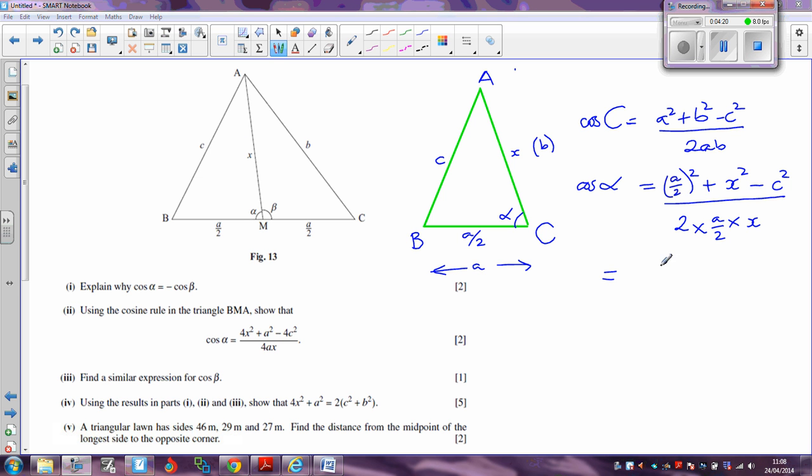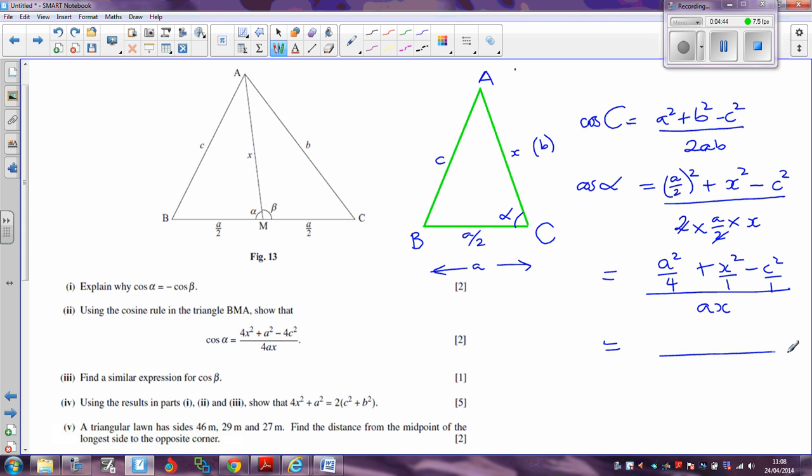Okay, if we carry on simplifying, this becomes a squared over 4, so you square the top and the bottom, plus x squared minus c squared. On the bottom the 2's cancel, so we're left with ax. To simplify, I'm going to add the fractions at the top, thinking of x squared over 1 and c squared over 1, and rewrite them all over 4.